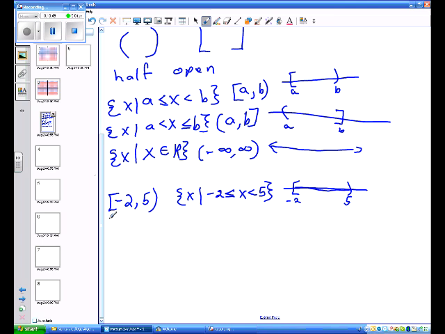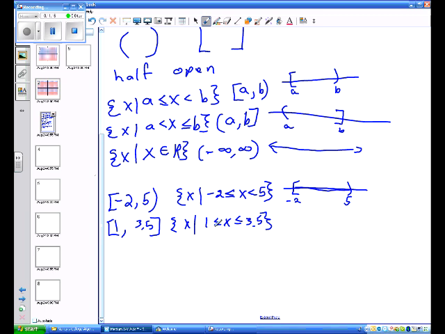If we had from 1 to 3.5, and it included both of them, so we would call that inclusive, then it's a set of all x's such that 1 is less than or equal to x, and x is less than or equal to 3.5. And you need to be able to write these no matter which one you're given.